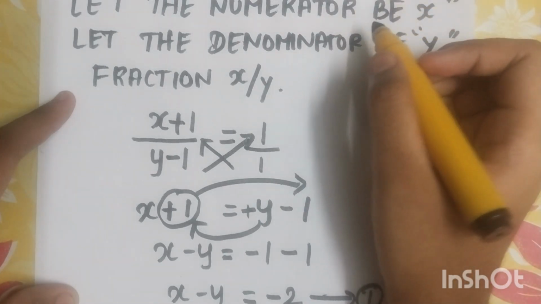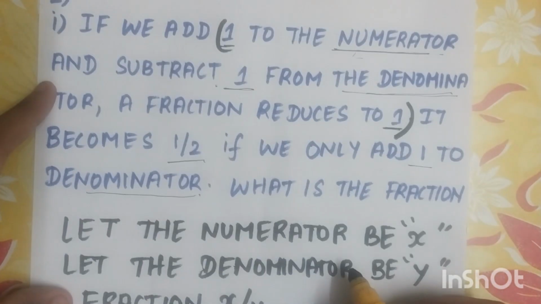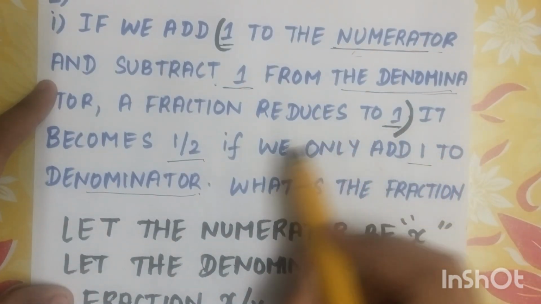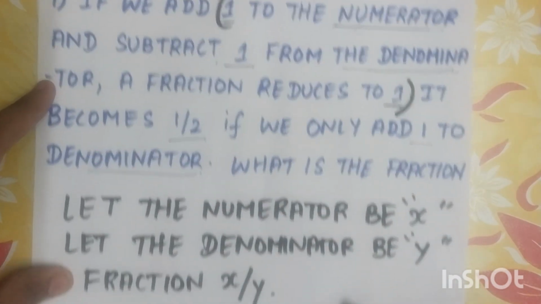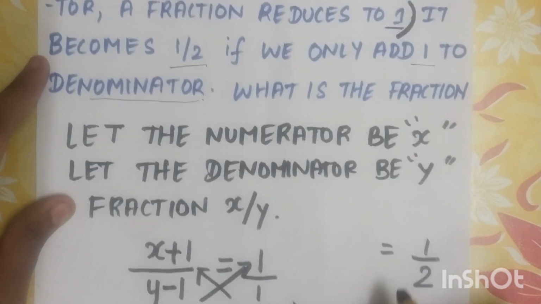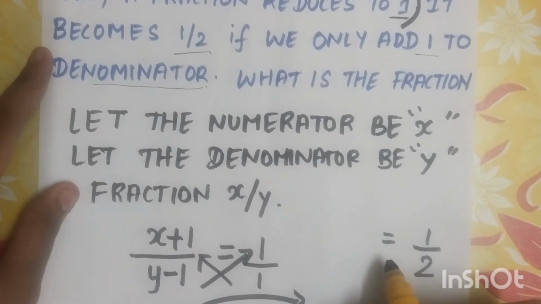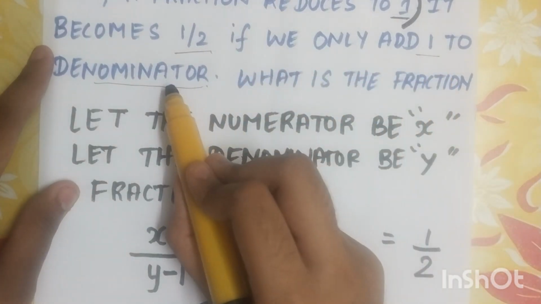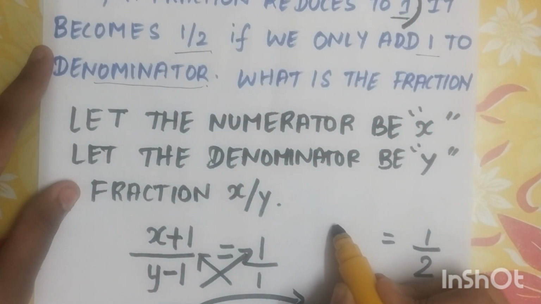My next clue they have given here is that the fraction becomes 1 by 2 if we add 1 to the denominator. So first I'll write my fraction, which is x by y.